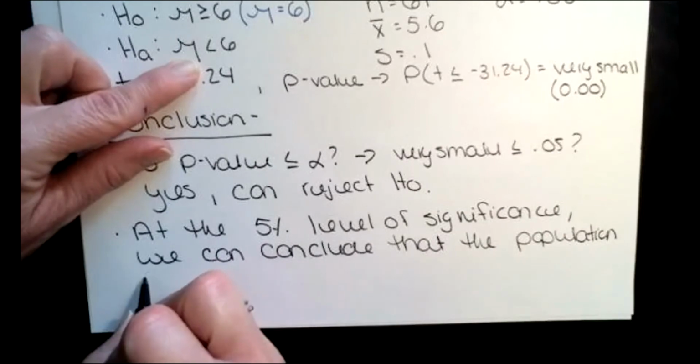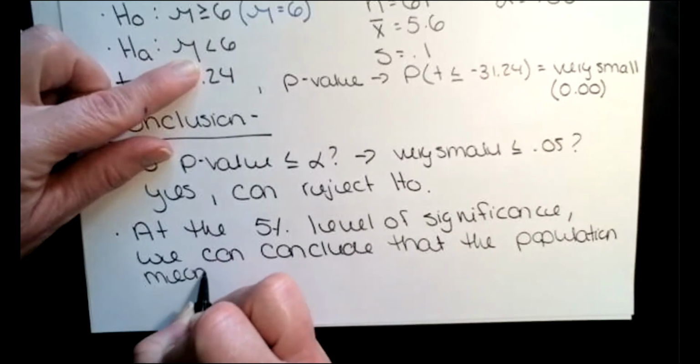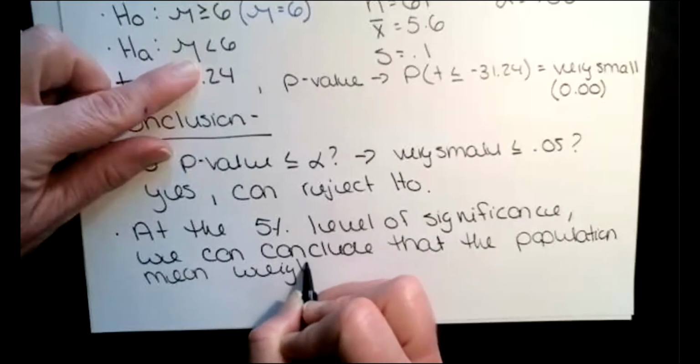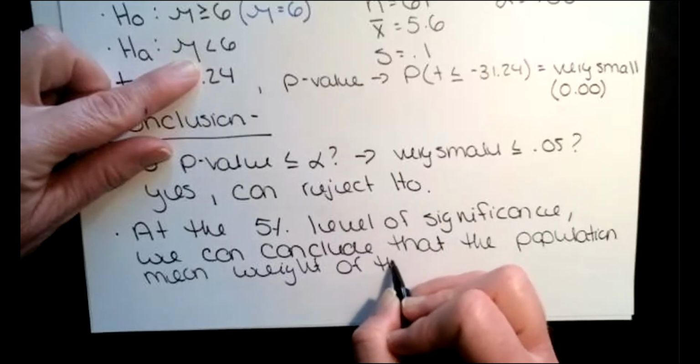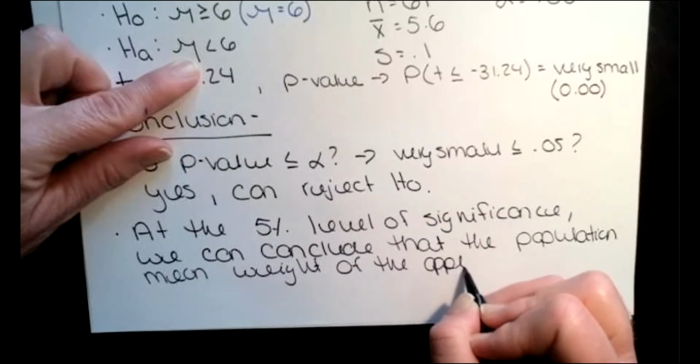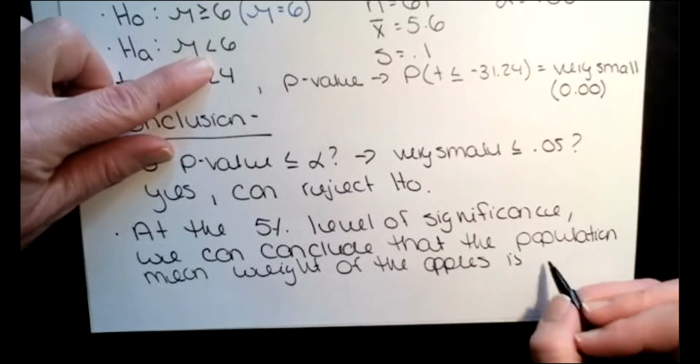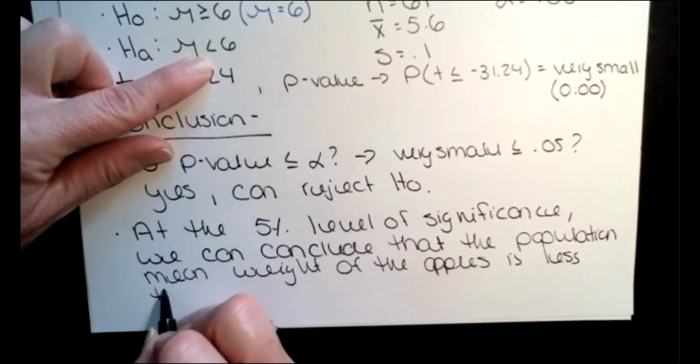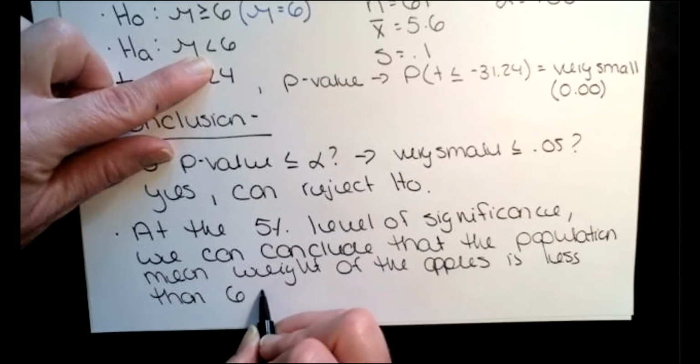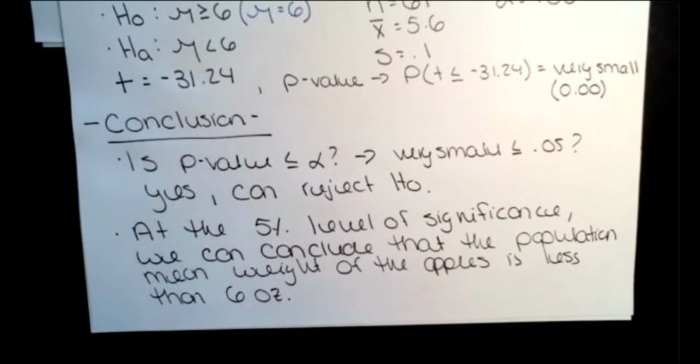So that the population mean weight of the apples is less than 6 ounces. And there's my conclusion.